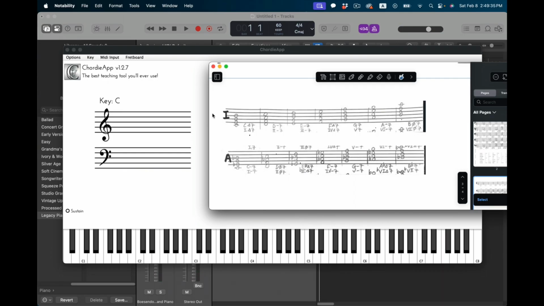And for minor, we have C minor 7, D half diminished 7, E flat major 7, F minor 7, G minor 7, A flat major 7, B flat dominant 7, and C minor 7.